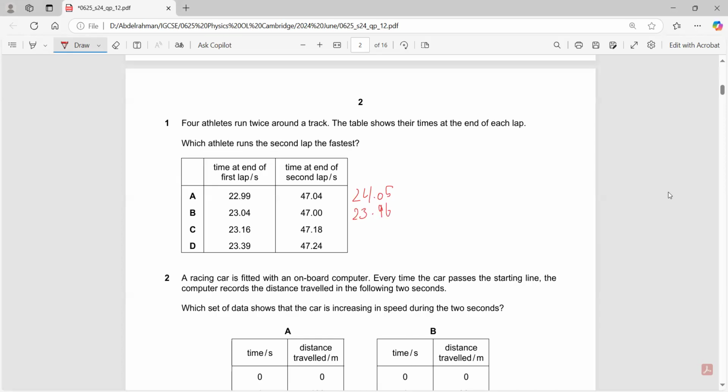Then 47.18 minus 23.16 is 24.02, and 47.24 minus 23.39 is 23.85. So definitely D would be the least time for the second lap.